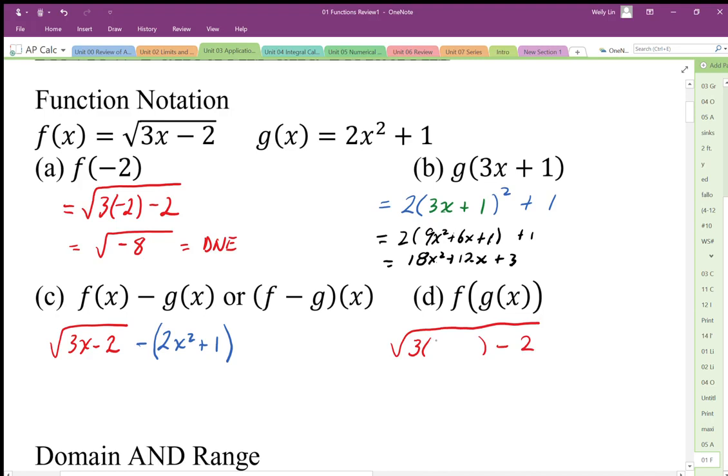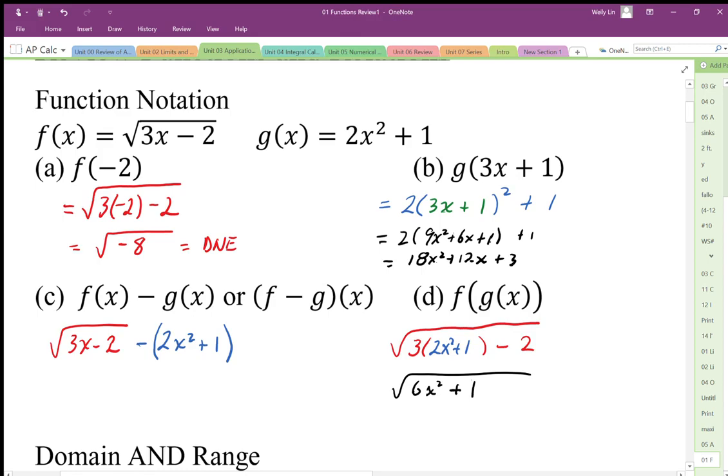So we're going to embed the 2x squared plus 1 function inside the f function here like this. Okay, and then we should simplify by combining like terms. So we get 6x squared plus 3 minus 2, which is plus 1.